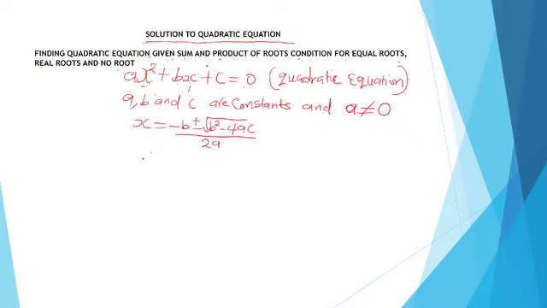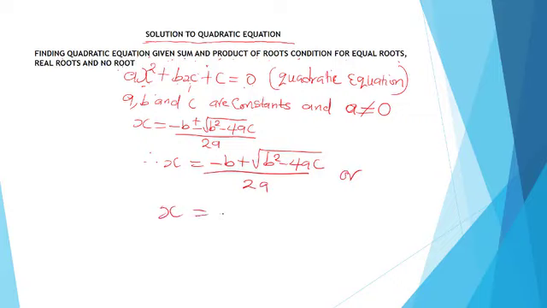Which signifies that the value of x is either minus b plus the square root of b squared minus 4ac over 2a, or x is equal to minus b minus the square root of b squared minus 4ac all over 2a. These are the two solutions to this equation, and we call this the formula method of solving.